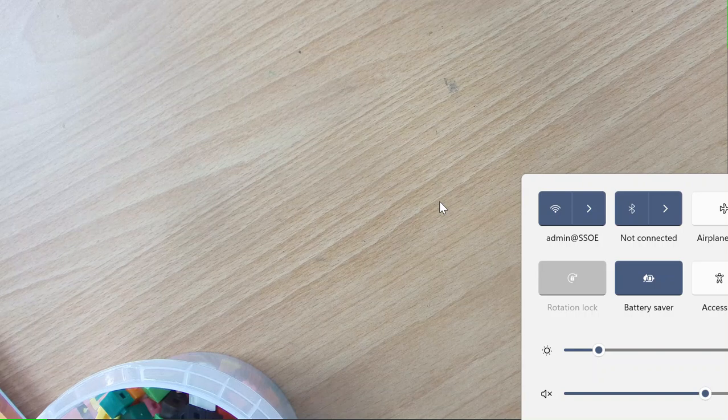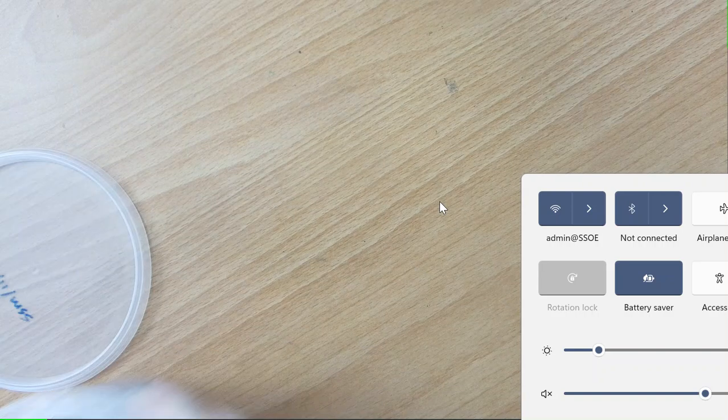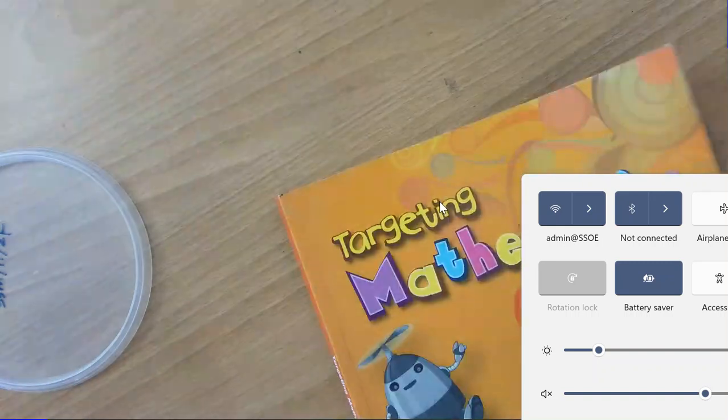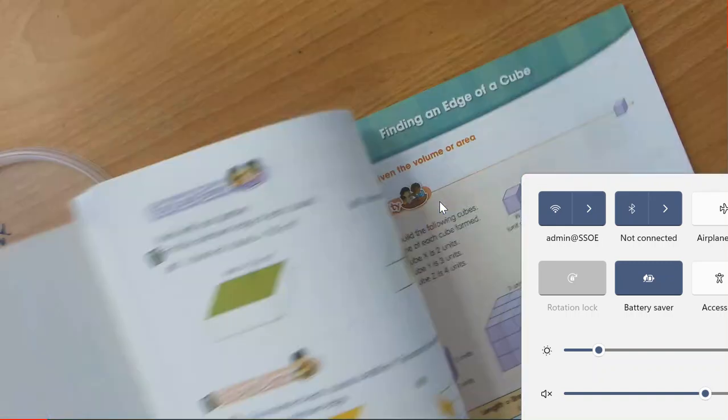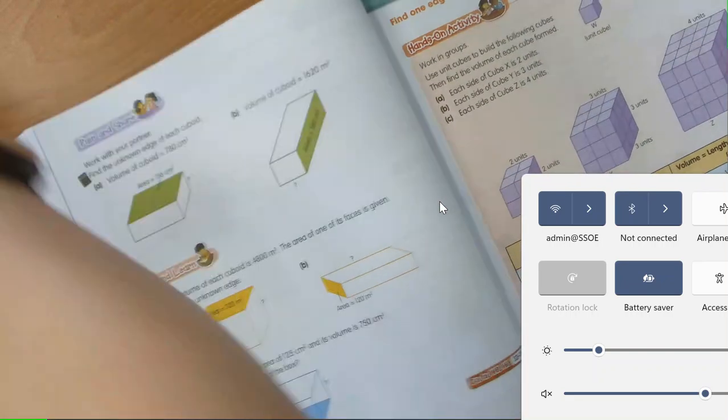Do you think it's possible? Yes. Try. Can I use 30 small cubes to make one bigger cube? Can or not? Cannot.